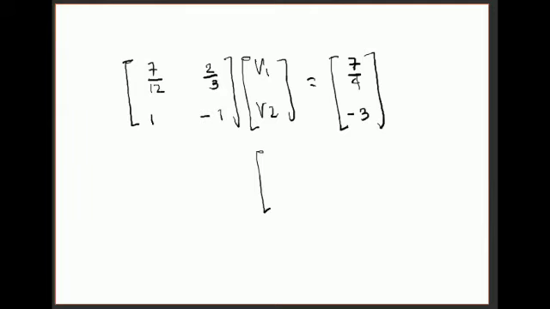So by using your calculator, the results for our node voltages are V1 equals minus 0.2 volts and V2 equals 2.8 volts.